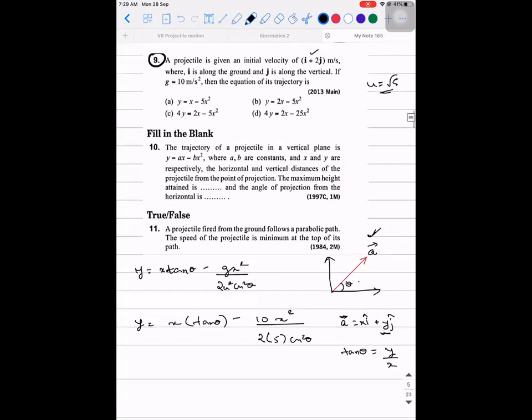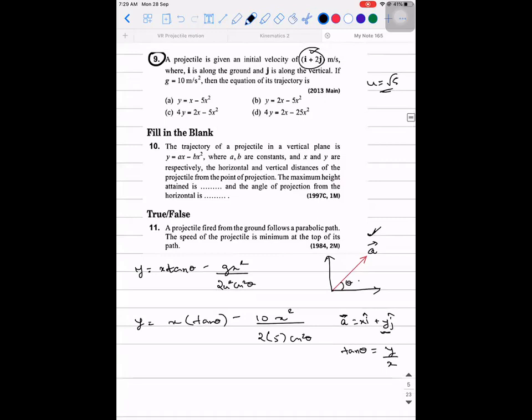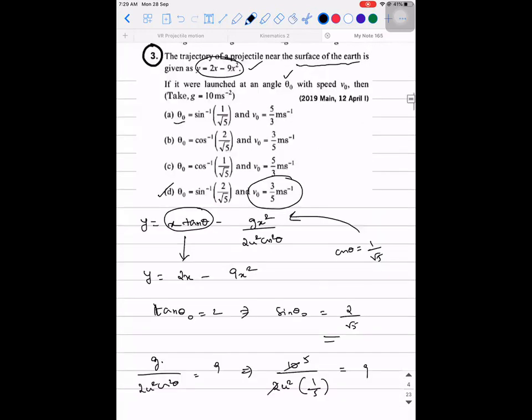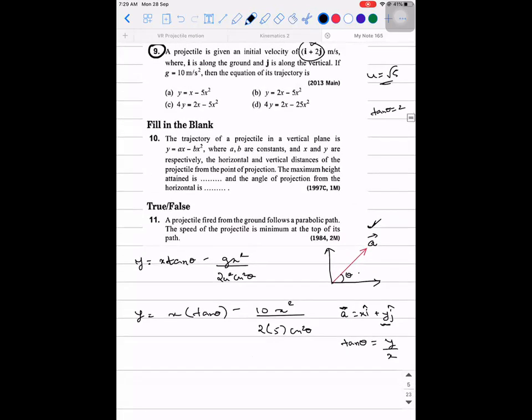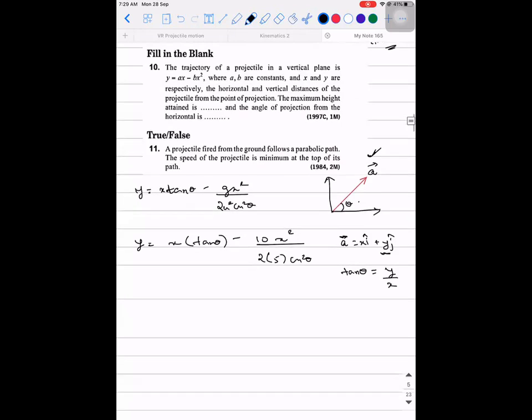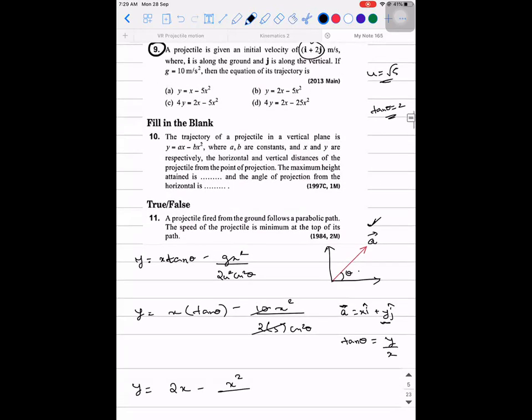Apply the same logic and tell me what will be the value of tan theta. 2, sir. Is it 2? That's right. So tan theta will be equal to 2. So when tan theta is 2, you will get y is equal to 2x minus this and this will get cancelled, x square divided by, what will be the value of cos theta, guys?